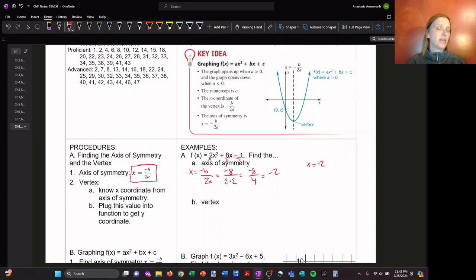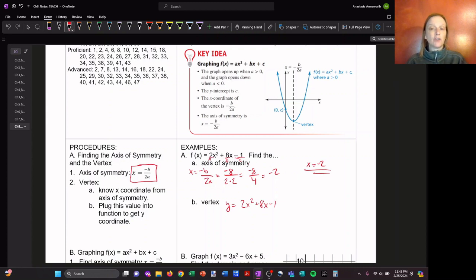To find the vertex of the parabola that follows this function, remember, the axis of symmetry has the same x value as the vertex point itself. So if I want to know the exact coordinates of the vertex, all I need to do is plug this x value into the original equation. So my y value is going to be 2x squared plus 8x minus 1.